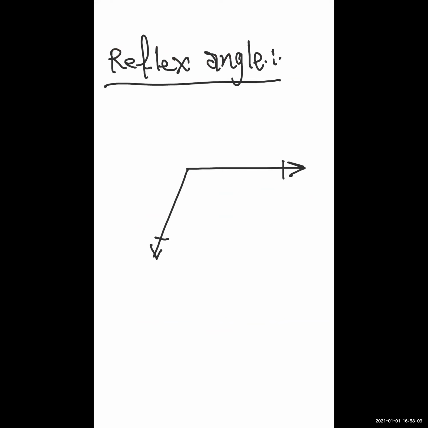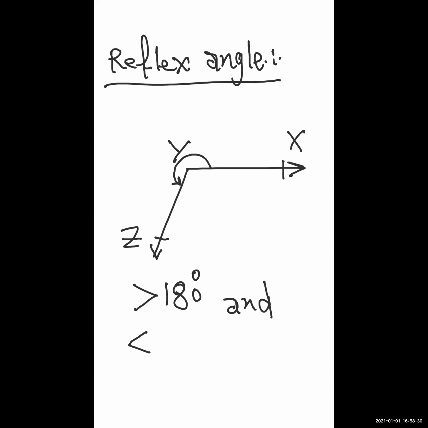So if this one is X and this one Y and this one Z, so the angle here will be this one. So reflex angle, guys, its measurement is greater than 180 and less than 360 degrees. So guys, six types of angles.